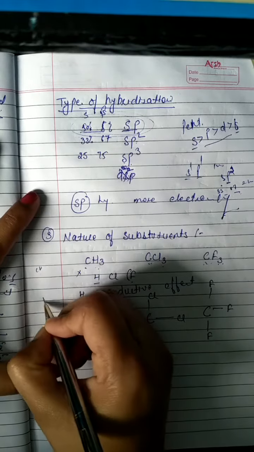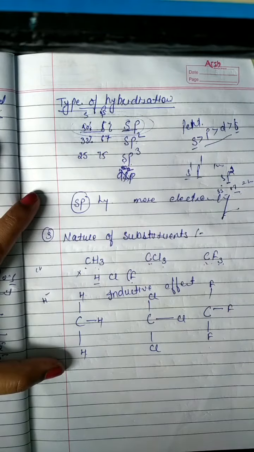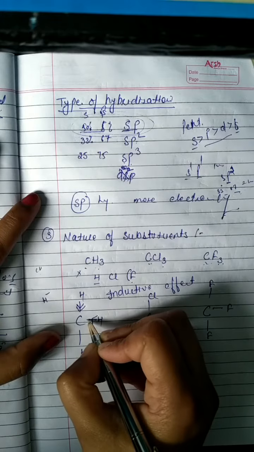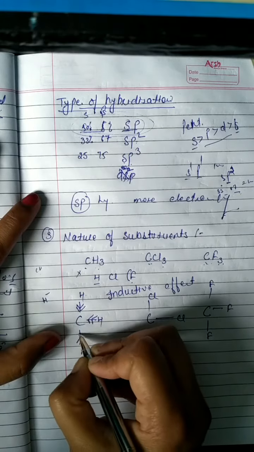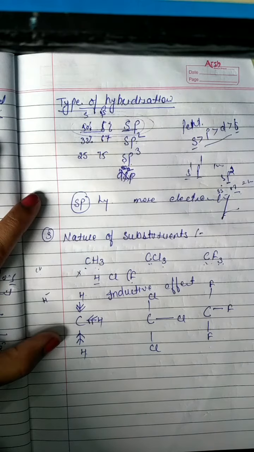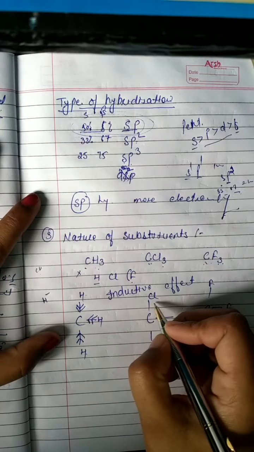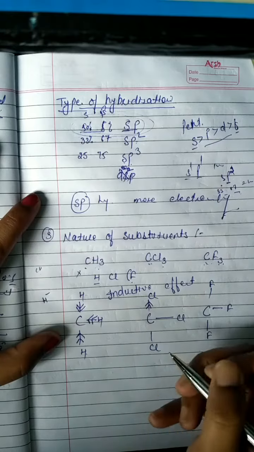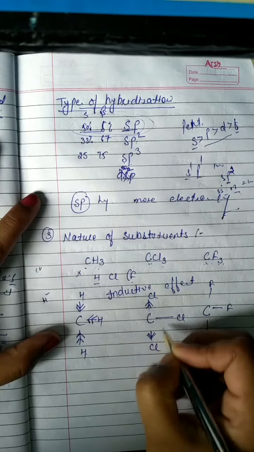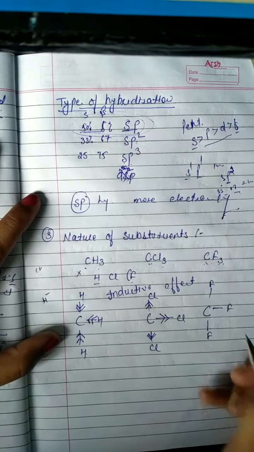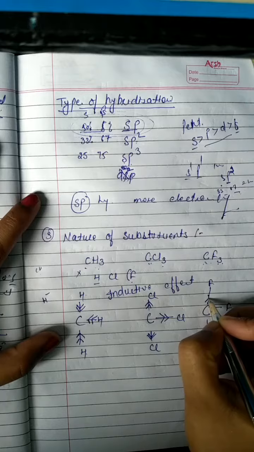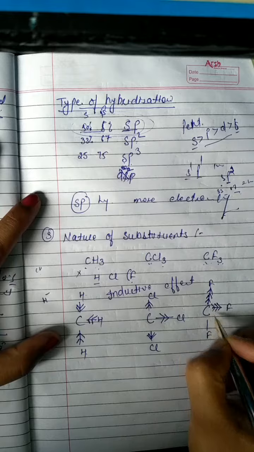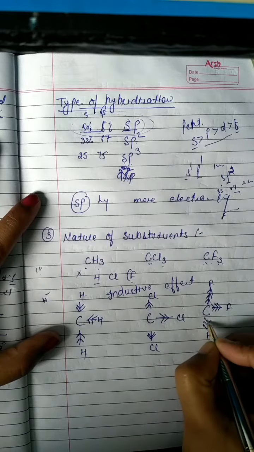It does not form H negative, so it has a tendency to lose electrons towards carbon. But in the case of chlorine, it has a greater tendency to attract the electrons towards itself. And fluorine has a small size, so it has a great tendency to attract the electrons towards itself.